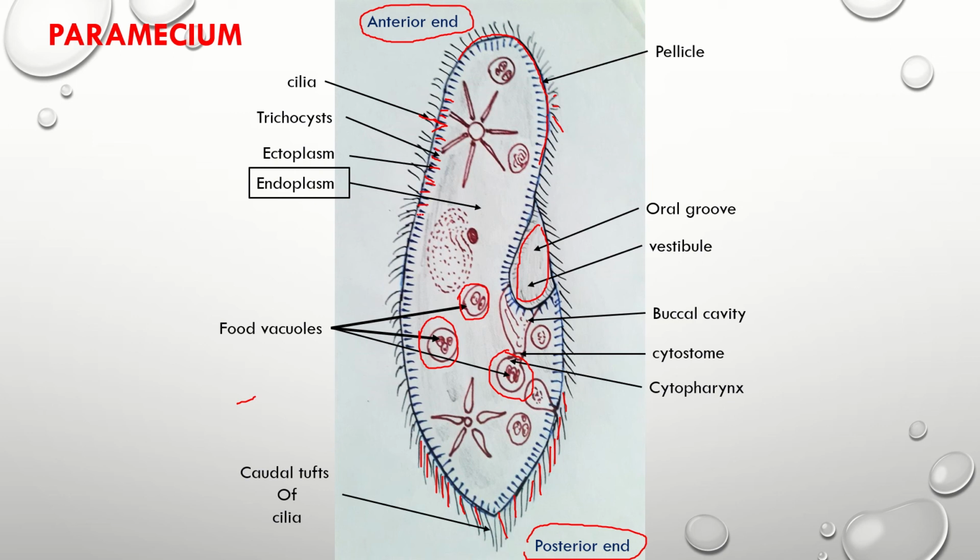These trichocysts are rod-like or oval organelles present throughout the ectoplasm, with basal bodies, and oriented at right angles to the body surface.